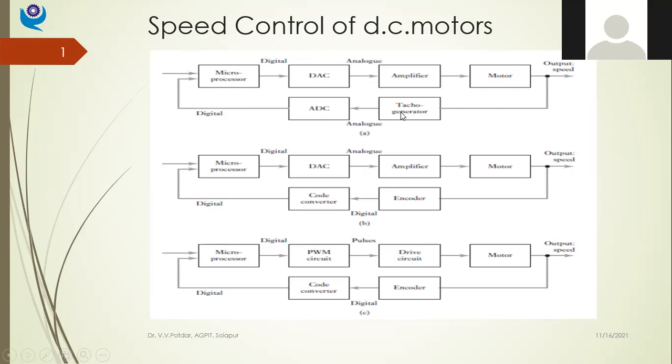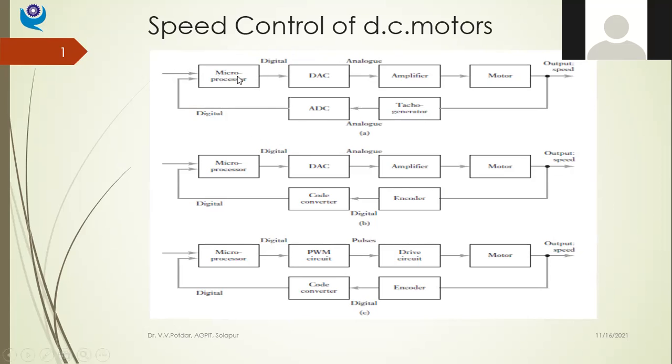Just as an example, the tacho generator generates a voltage output signal of, let us say, 25 volt DC. That analog signal is converted into an equivalent digital signal, and it will be compared at the microprocessor stage with the set value. The set value is 3000 RPM and the actual value is 2500 RPM.